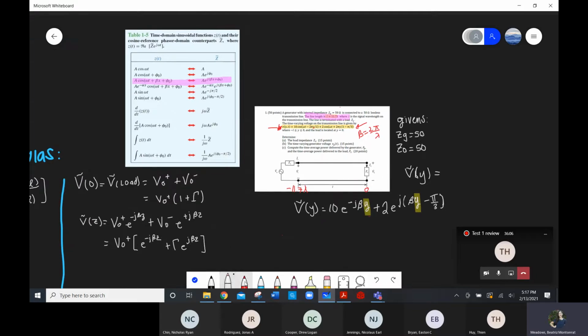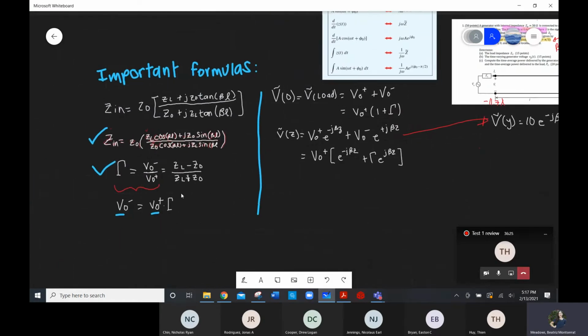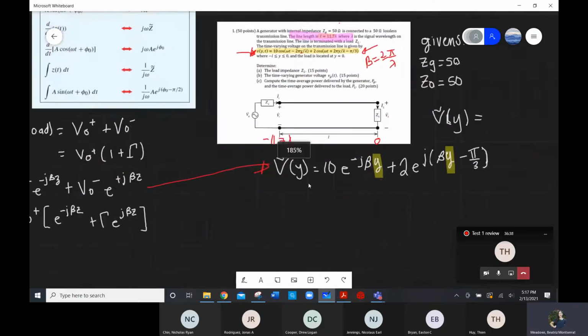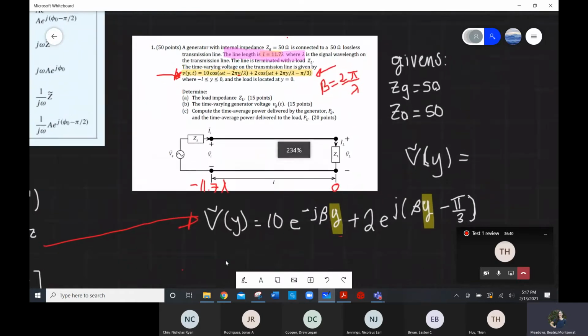If we compare, we can actually see what is V0 plus and what is V0 minus, and that is a huge part of this problem. Because if we have V0 plus and V0 minus, we can easily find other things, like this one here. Let me go back a little bit. What is the first question asking us?